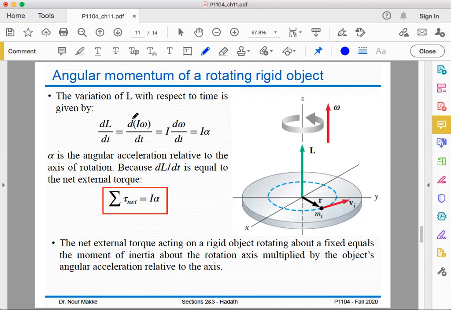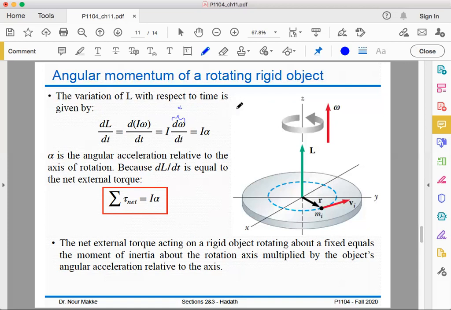So this is why the derivative is only for omega. So we end up with I, derivative of omega with respect to time. And by definition, this is nothing else than the angular acceleration alpha, the derivative of the angular speed with respect to time. And so we end up with I alpha.